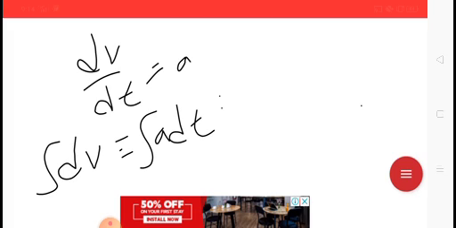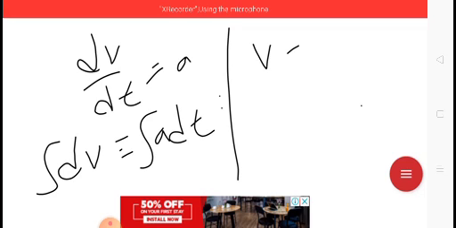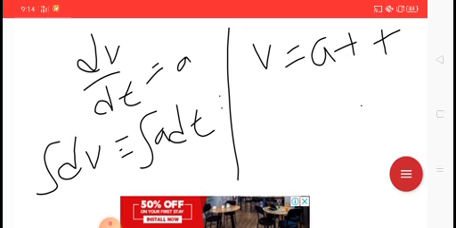If you continue, you'll get v on one side, and on the other side, assuming this is a constant acceleration as mentioned in the question, you have v equal to at plus c.